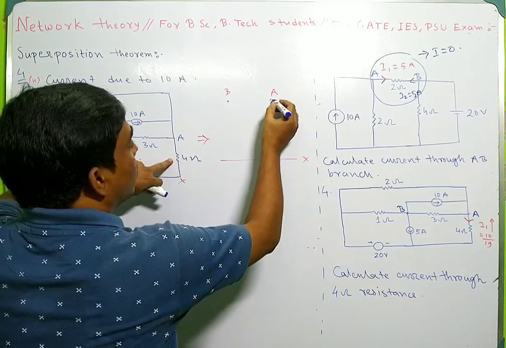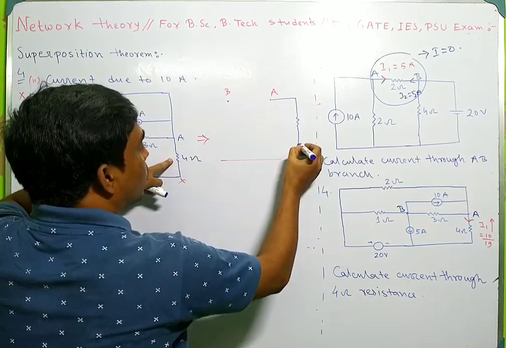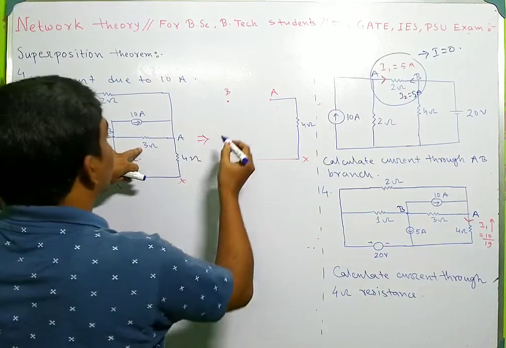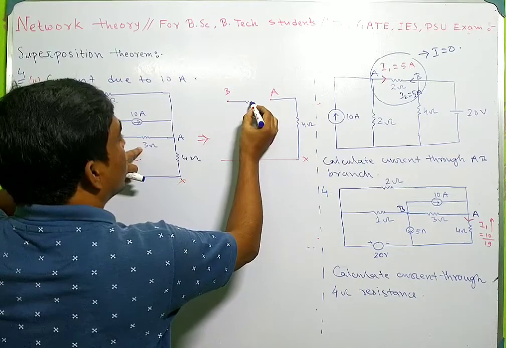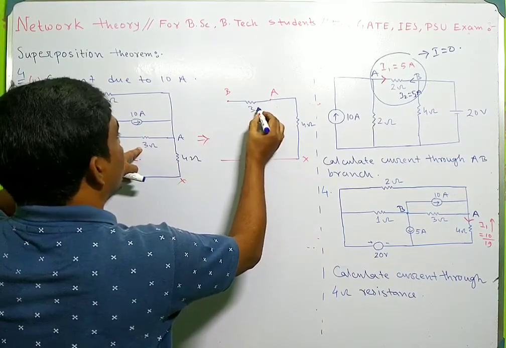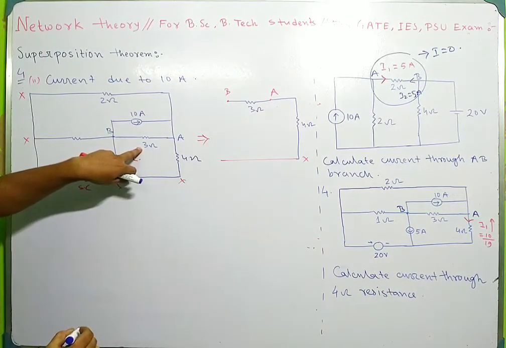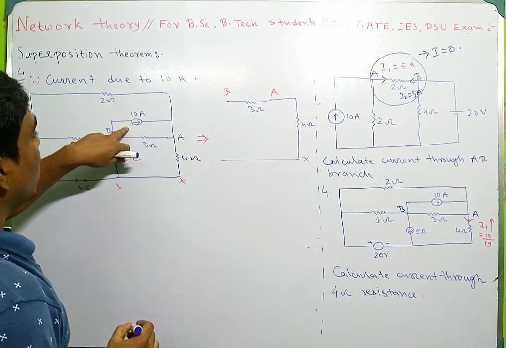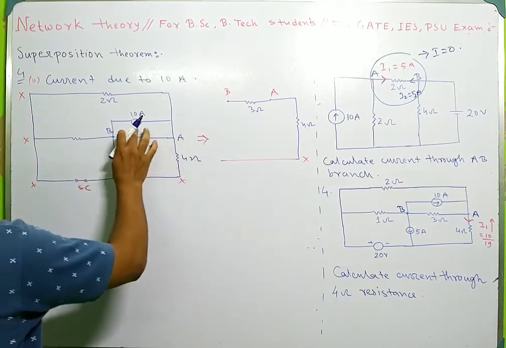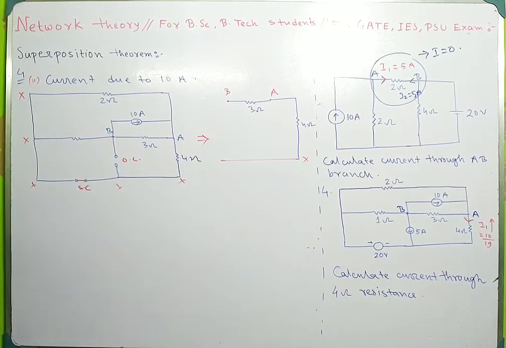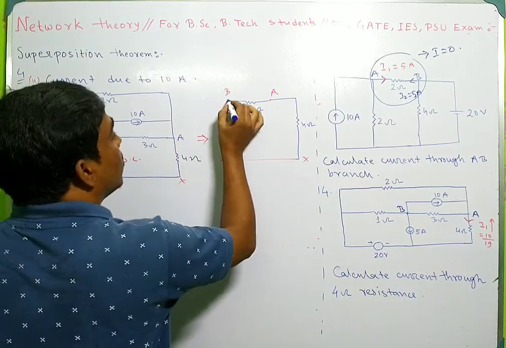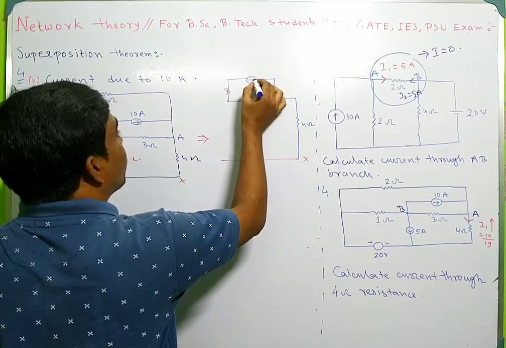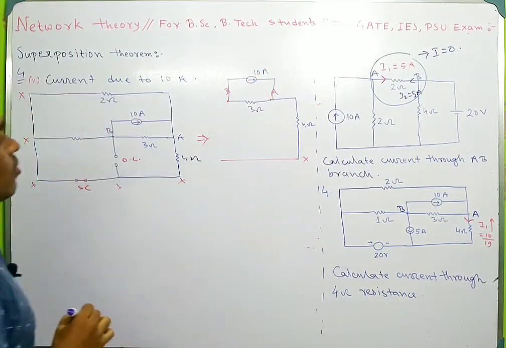A to B, this is a 3 ohm resistance. A to B, there must be a 10 ampere current source.